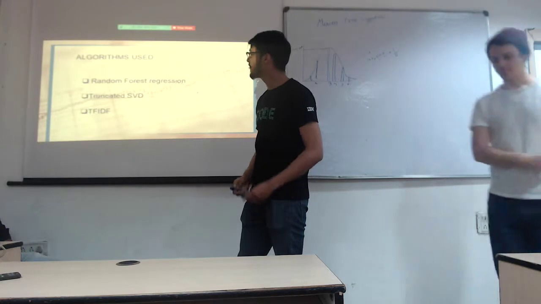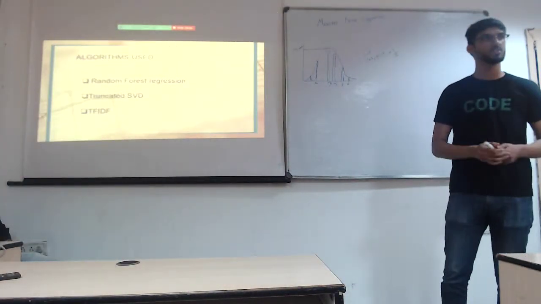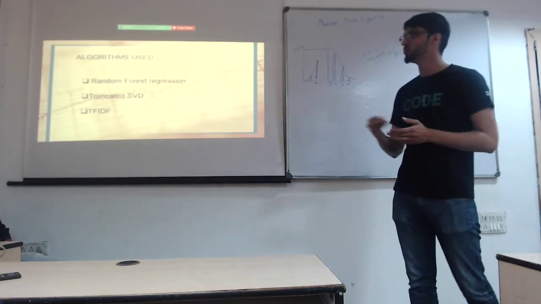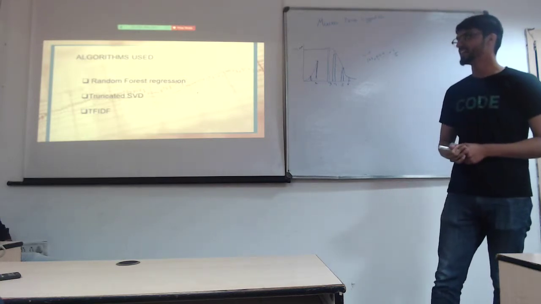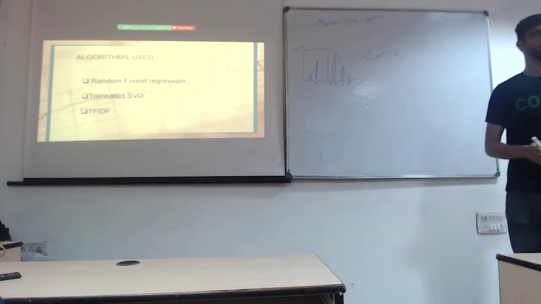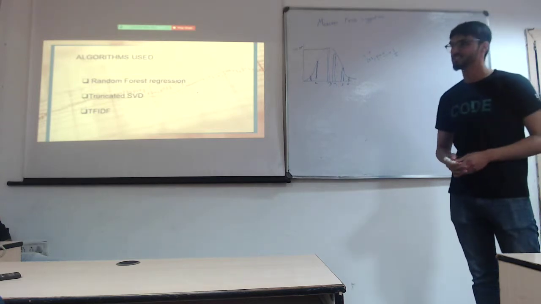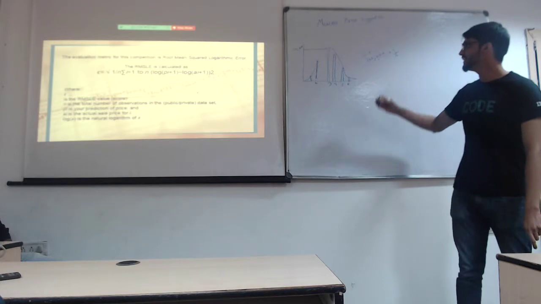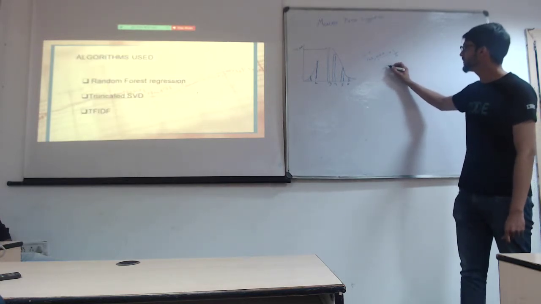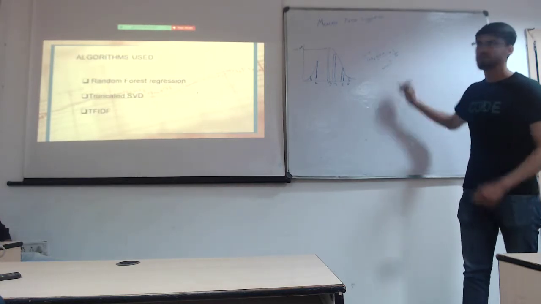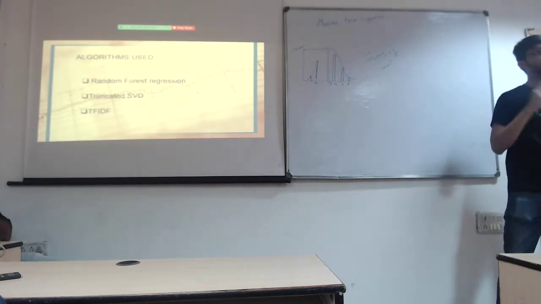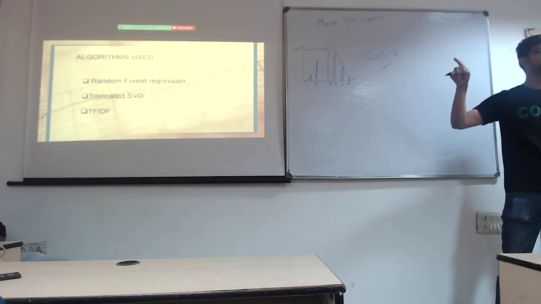Next, the algorithm we used in these was random forest regression, because it was giving us the least amount of error, along with a truncated SVD and a TF-IDF. TF-IDF is term frequency-inverse document frequency. Somebody used "new" the most, right? I had a choice that if a word was used too many times, I could remove it from my equation.